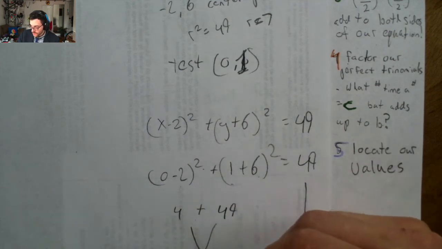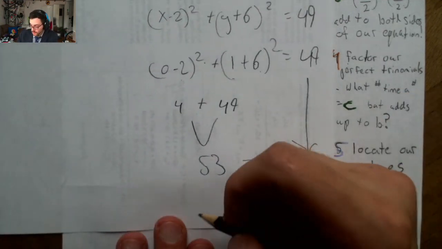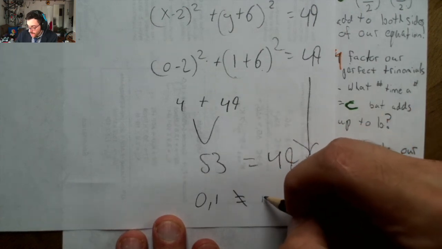And we check to see if they are equal, and they're not equal. So 0, 1 is not a solution.